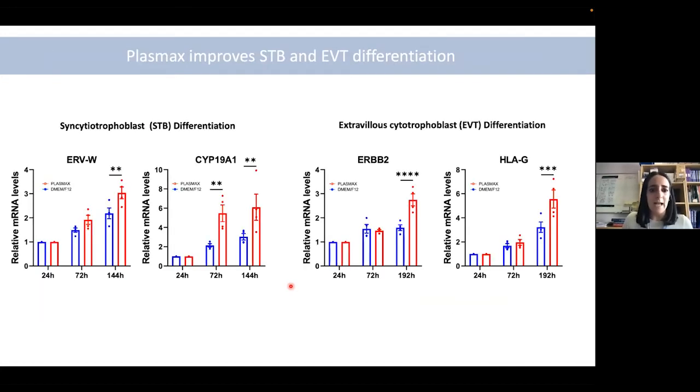So I tested this media again and I measured the level of two differentiation markers for STB and two differentiation markers for EVT. There are different time points where I measured these mRNA levels, and under Plasmax, cell differentiation improves.